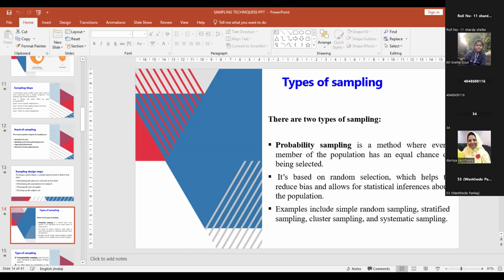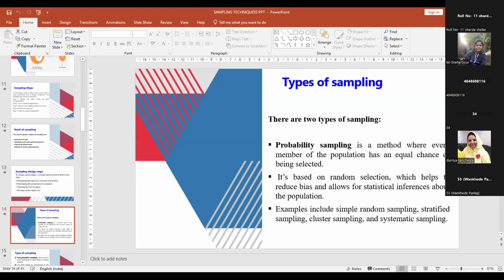When we talk about the probability sampling method, as we know, simply it is probability in which every unit of the population to be sampled has a known probability or chance of being included in the sample.